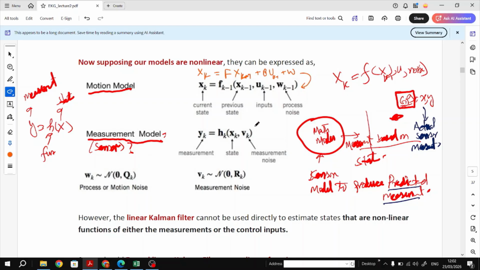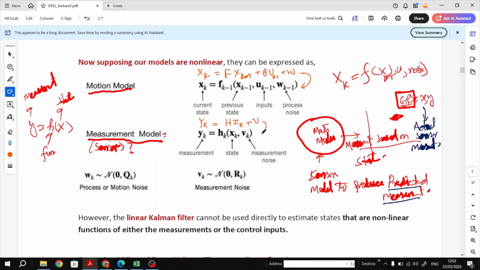Similarly, the sensor measurement models, in general, can be written as a function of the predicted state and some measurement noise. But previously we wrote this model as a linear function, using a matrix H. Matrix H is the measurement model, capital H, and then we multiply it with the predicted state and add some noise.